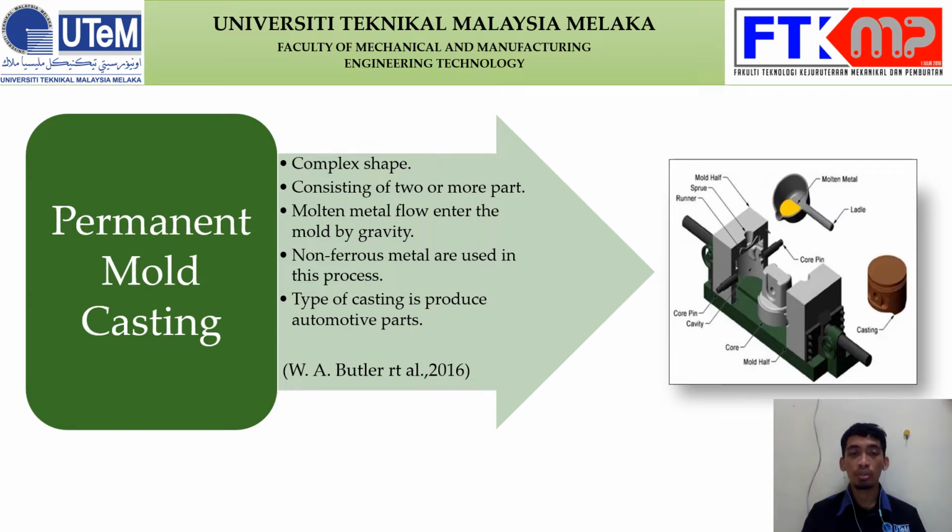In permanent mold casting, molten metal flows into the mold by gravity. Non-ferrous metals are used in this process, such as aluminum alloy and magnesium alloy. This type of casting produces automotive parts like wheels, pistons, brackets, and many others.